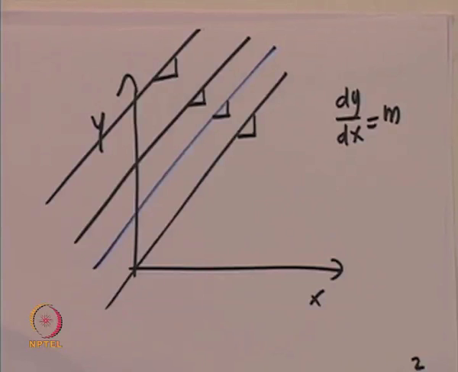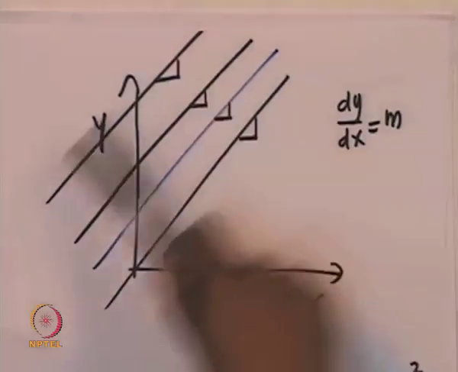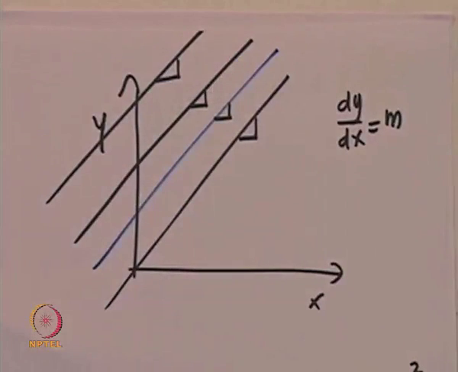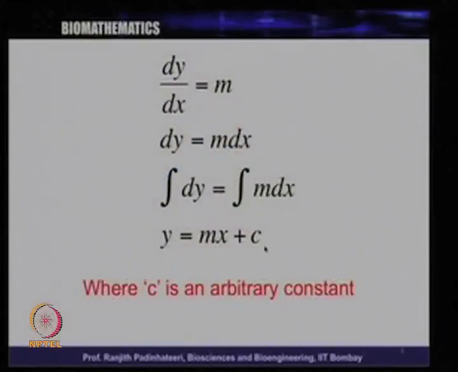When somebody tells you to integrate dy by dx equal to m, essentially that person is asking you to draw a curve with derivative or slope equal to m, and we drew it, any of these is an answer. So, in other words, the integral of this is y equal to mx plus c, where c could be any constant.